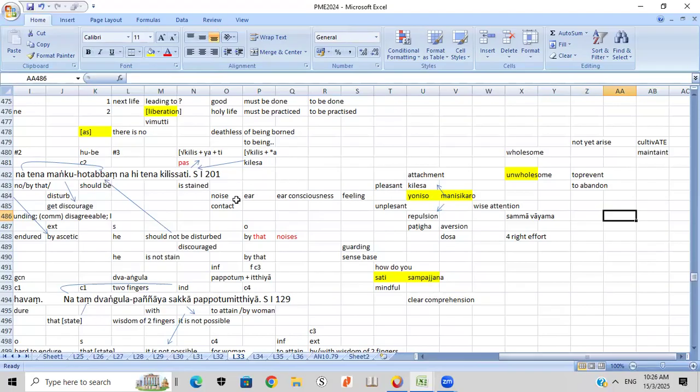When noise arises, ear consciousness and noise is voice, somebody is talking. So this plus this plus this is contact. After this contact, then only the ear consciousness arises. After the ear consciousness arises, there will be a feeling. There are three types of feeling, but we don't talk about three because we are talking about kilesa.